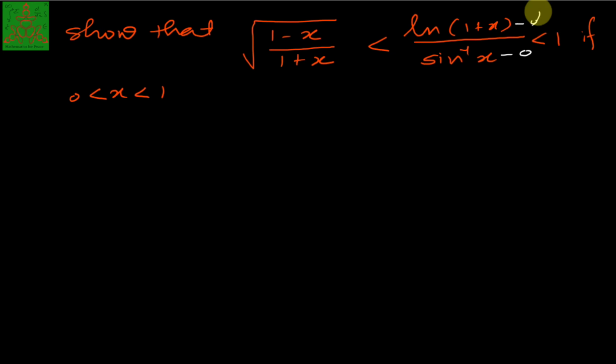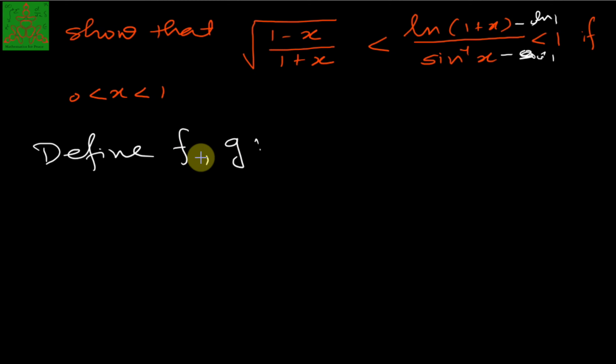So this has to be ln of 1 plus x and sine inverse of x. So it will suggest that we have to define two functions in this fashion. The function f is ln of 1 plus x and the function g is sine inverse of x. So let us define the functions f and g, and both of them have to be defined over the interval 0 to 1.